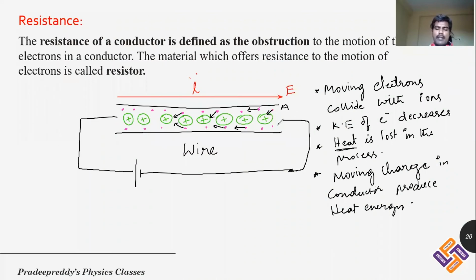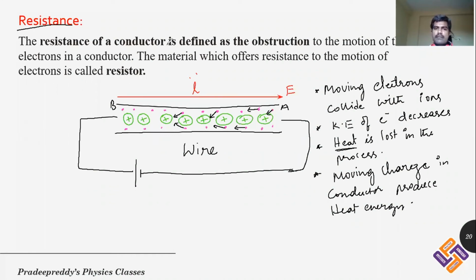And this phenomenon where the electron is not readily moving from end A to end B, instead it is offered some opposition due to the presence of the ions. And this opposition to the free flow of electrons within the conductor is termed resistance. It is called resistance. Okay.